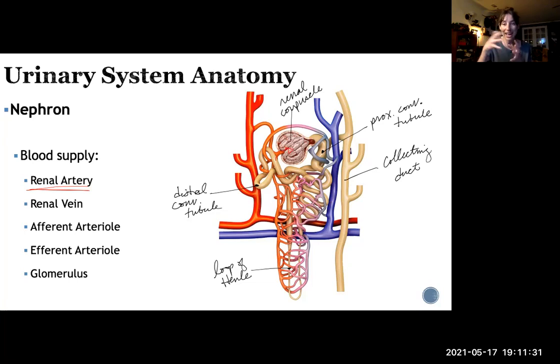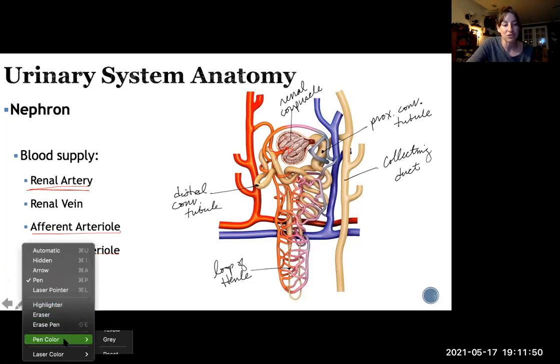That blood has its plasma pulled out, and then it continues to what is called the efferent arteriole. And then that efferent arteriole continues around and becomes all of these peritubular capillaries until we get to venules, and then finally the renal vein.